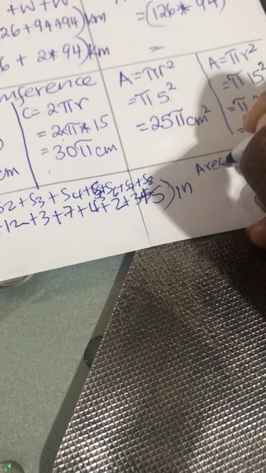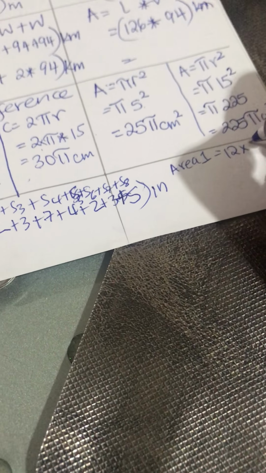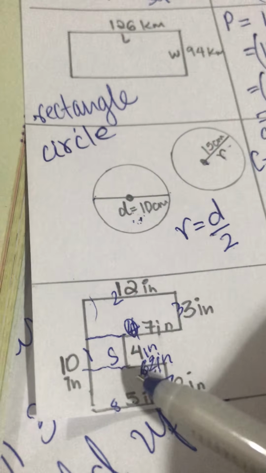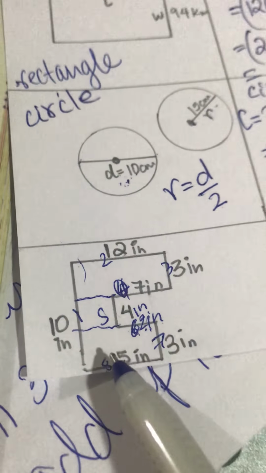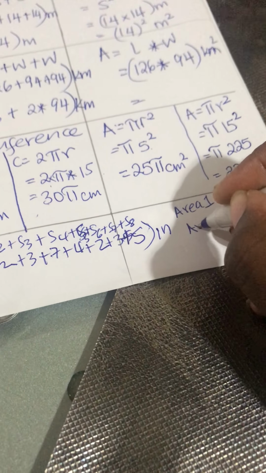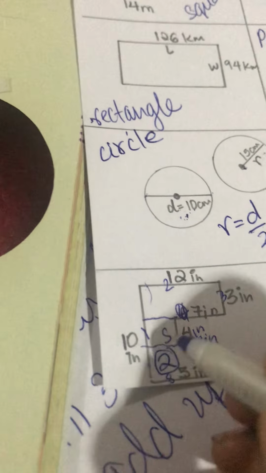Area 1, 12 times 3, because it's a rectangle. Area 2, 5 times 3. This is what I'm calling area 2.